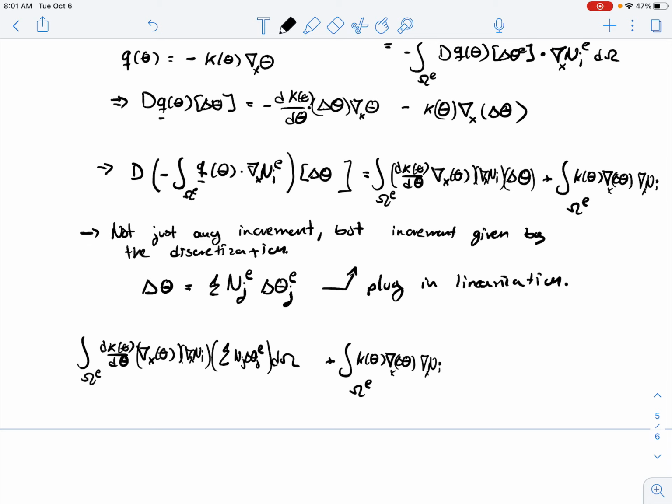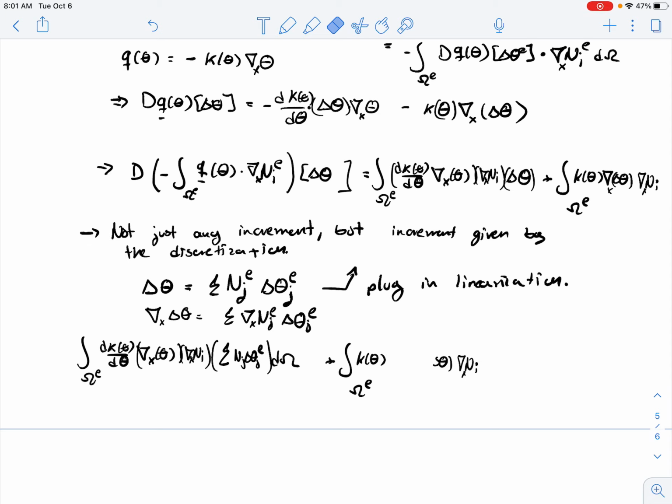The omega. Plus the second term is k of theta times the gradient of the increment. So now the gradient of the increment is going to be the sum of the gradient of the shape functions times the increments, right?